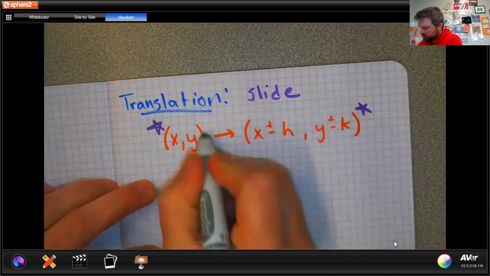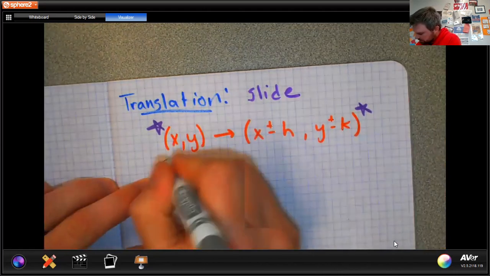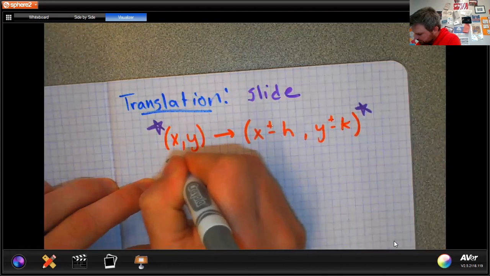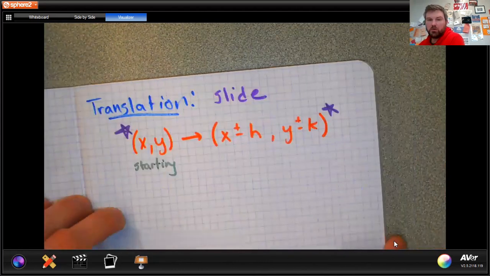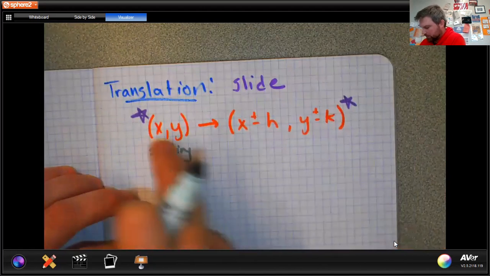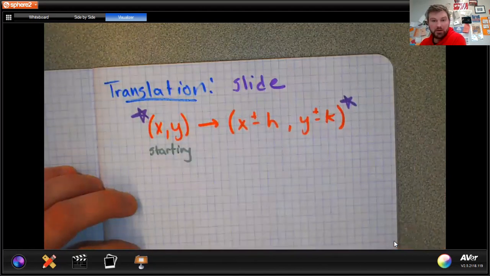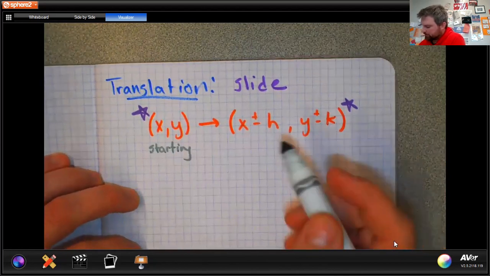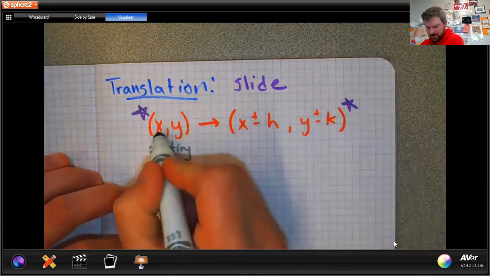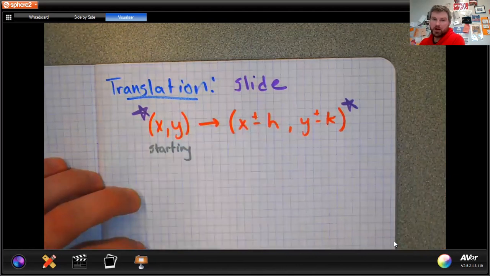So this is the original point, so we can say starting. These are your starting points. Every point on a coordinate plane has an x and a y. So we are going to be graphing, which is again why I want you to have this graphing notebook. The x-axis goes left and right, so it measures things going left and right.